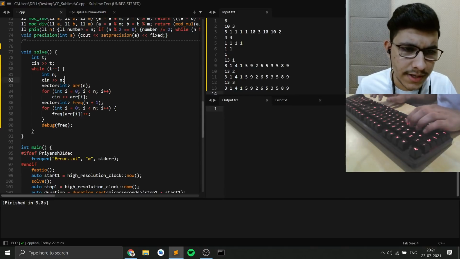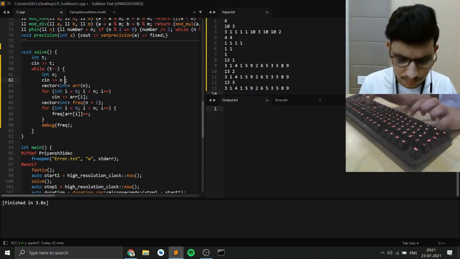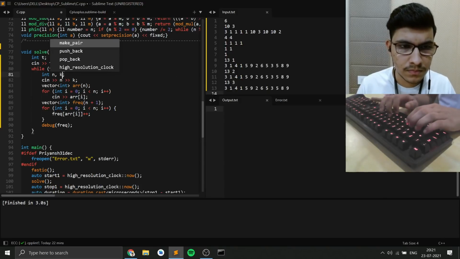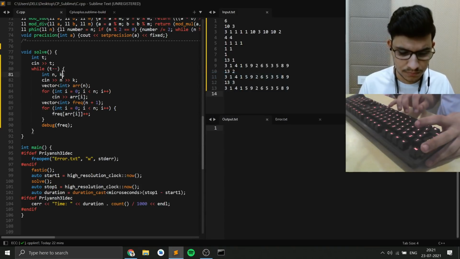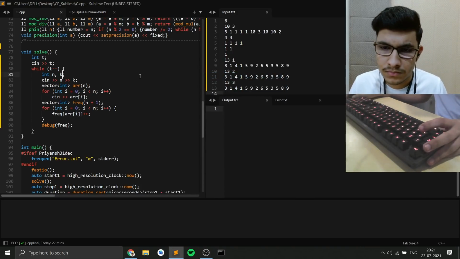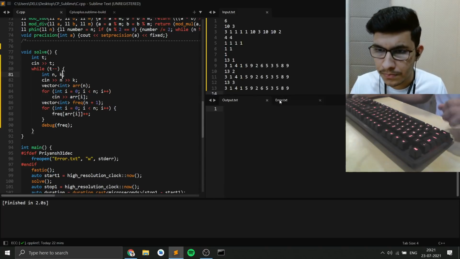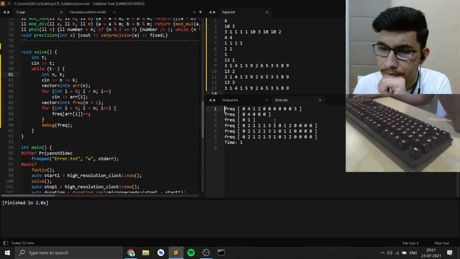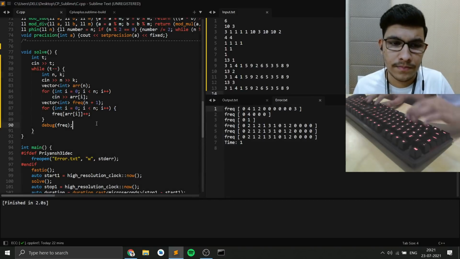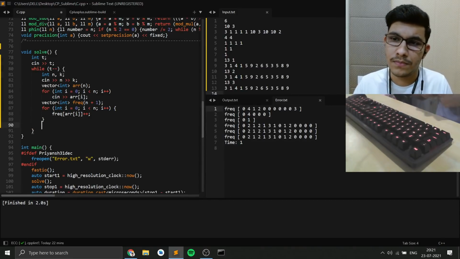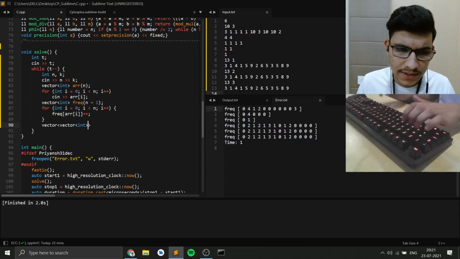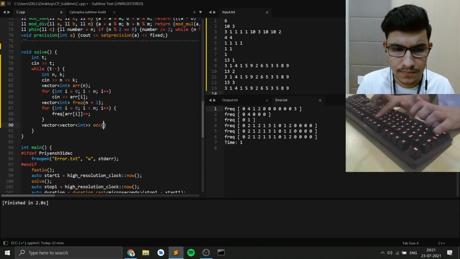Okay, so we also need k here, right? One is occurring 4 times. Okay, so we can also maintain the places where all these numbers are occurring.